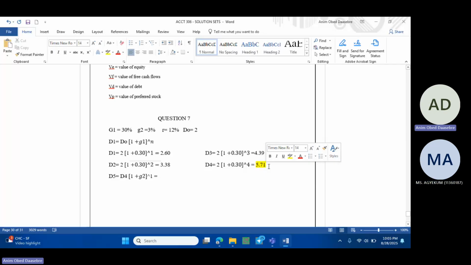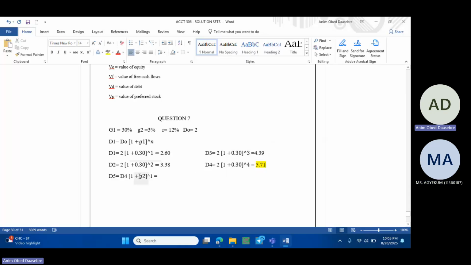That means that after year 4, perpetuity will set in. So if perpetuity will set in, we are going to grow this 5.71 by the G2 forever.